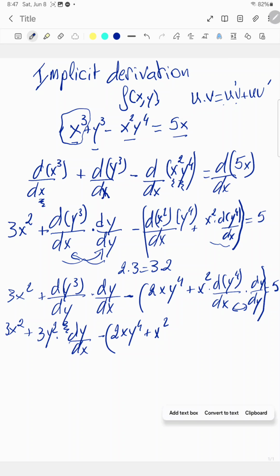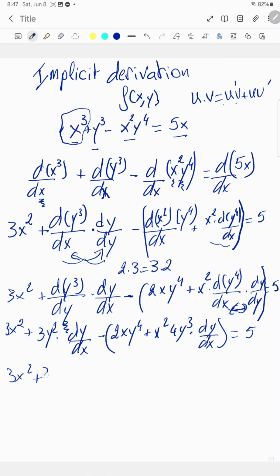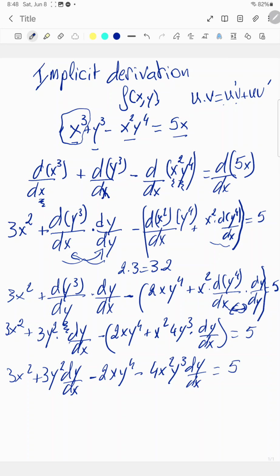So it becomes dy to the power of 4 divided by dy, which becomes 4y cubed times dy divided by dx, because I just swapped those two, equal to 5. Now let's get rid of the parentheses. So it becomes 3x squared plus 3y squared dy over dx minus 2xy to the power of 4 minus 4x squared y cubed dy over dx is equal to 5.